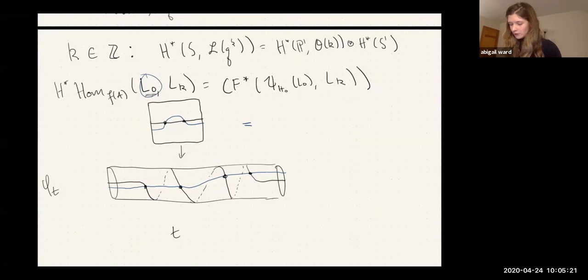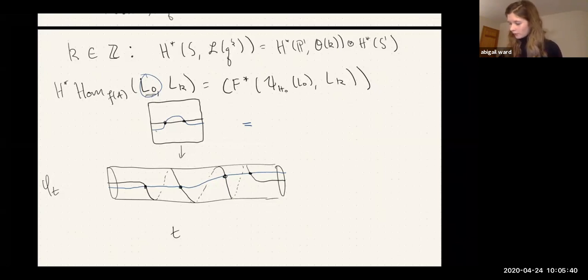So K plus 1 values of T where you have intersection points. And for each of those intersection points in the S phi S torus, you perturb and you pick up two honest intersection points of your perturbed Lagrangian.